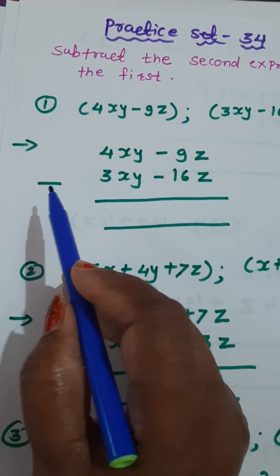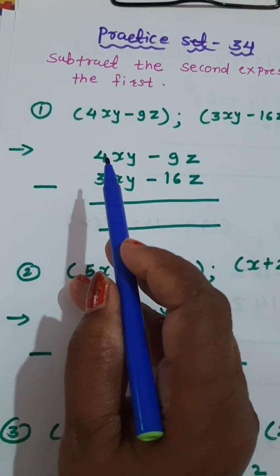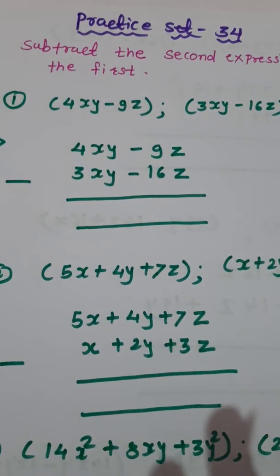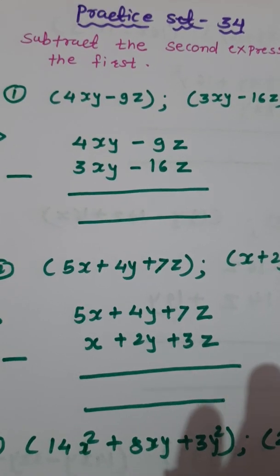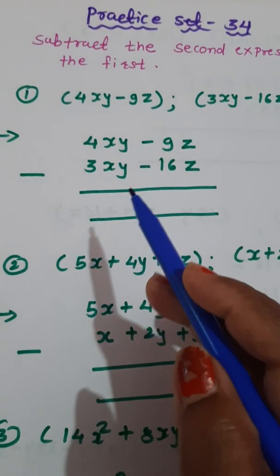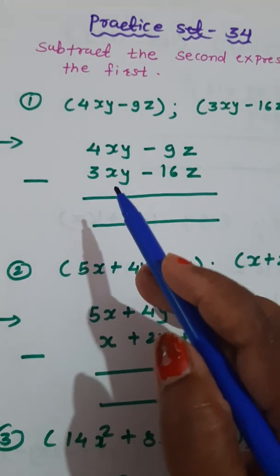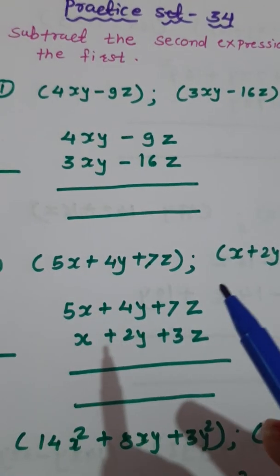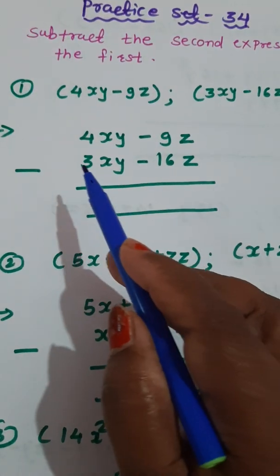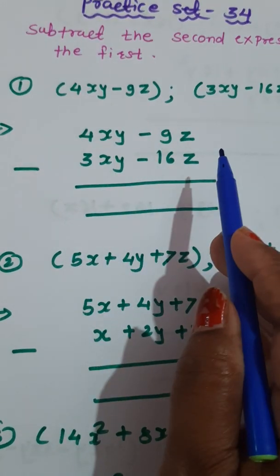In addition, we are not changing the signs. As it is, we are carrying out the operation by using the rules of signs. But while subtraction, you have to be most careful. Signs of the second terms are changing.